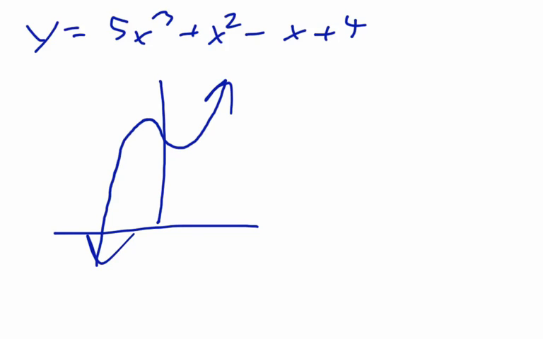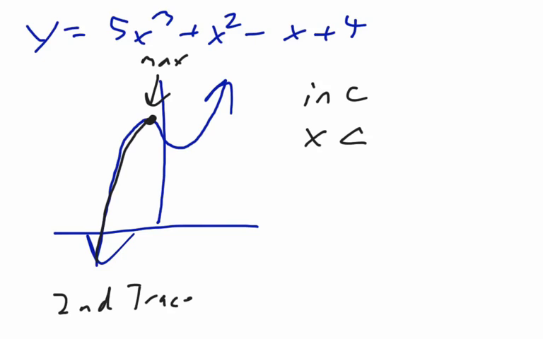And so we're going to start out increasing until we get to here. And I need to know what this point right here is, and this point is what we refer to as a maximum. So in my calculator, I'm going to go to second trace, and number 4 is maximum.